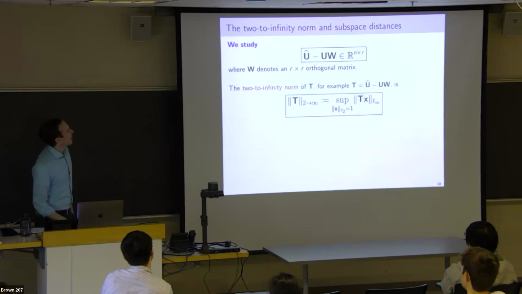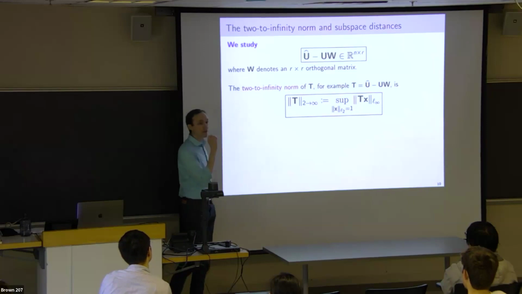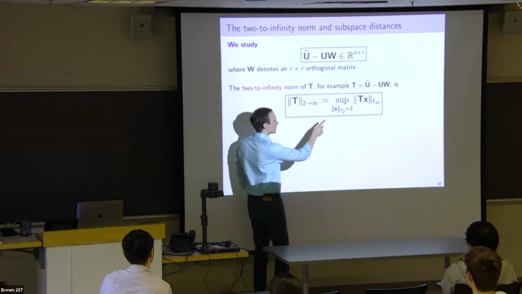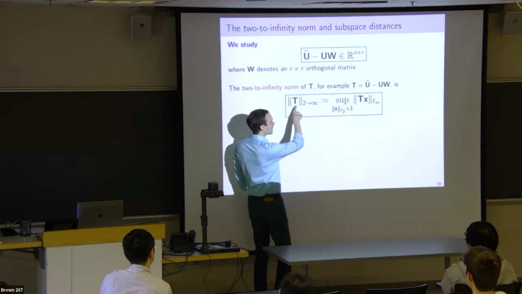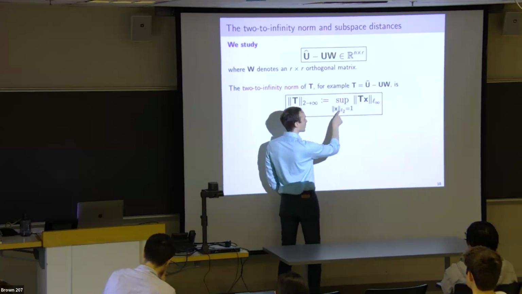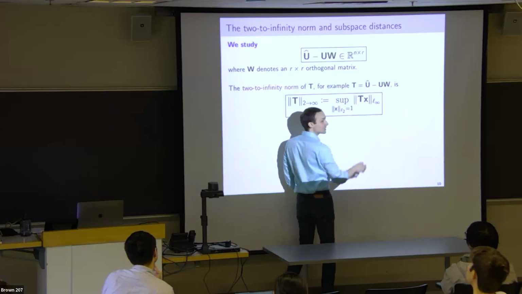Okay. And we're going to study it with what's called the 2 to infinity norm. It has this name because it can be represented as a mixed norm on matrices that involves a sup over the Euclidean ball, so L2 for vectors, and an L infinity vector norm on Tx.